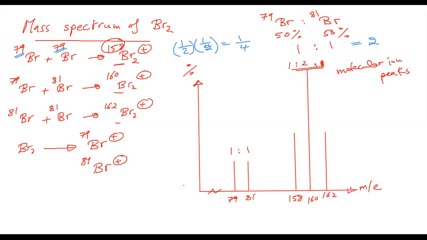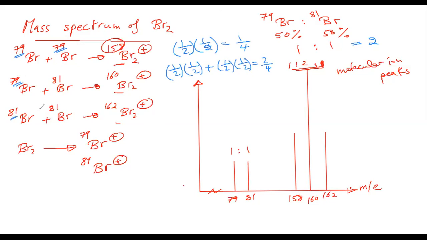For the second probability, we have the first one half times the second, which is half, or else we say that the first one was 81 and the second was the bromine 79. So it's also half times half. So we get 2/4.